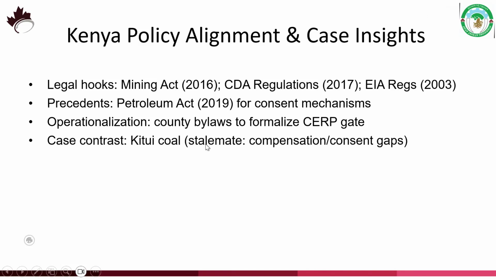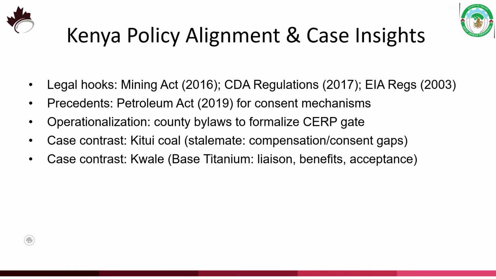And here are some examples. We have the Kitui coal mine, which led to a stalemate because of compensation and consent gaps. Then another case was the Kwale titanium mine, which because of liaison and shared benefits led to acceptance.